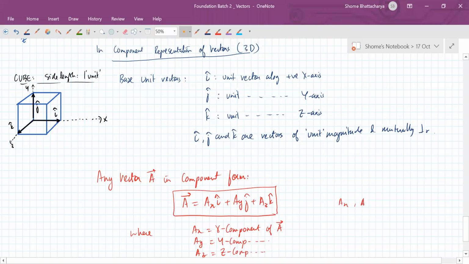Ax, Ay and Az are scalar quantities, which can have positive, negative, or even zero value.